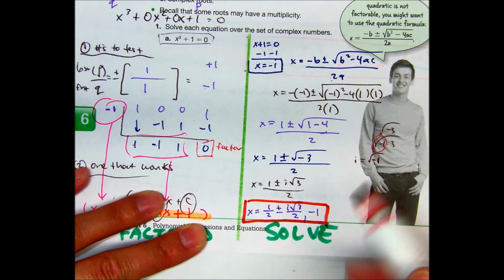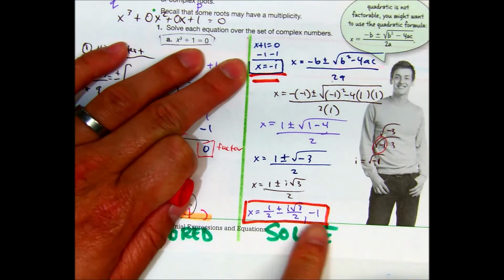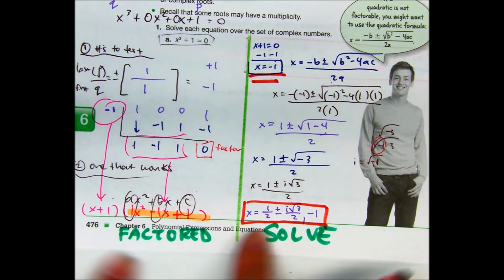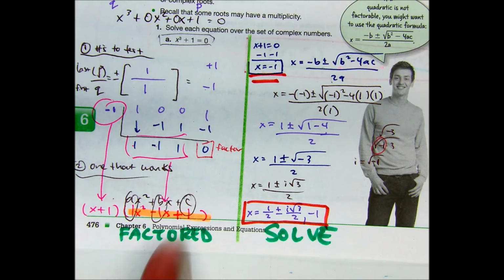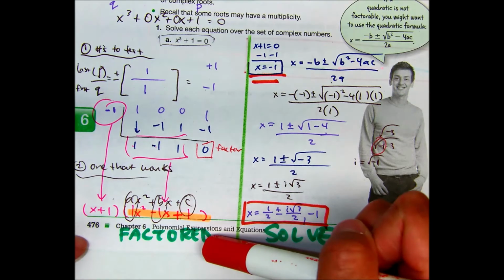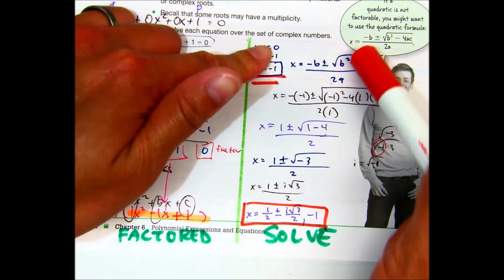So I got x equals -1 from here. And then this one I got using the quadratic formula because this one was not factorable. So the first thing we did was the rational roots theorem to factor it. And then to solve, you can either factor it or use the quadratic formula.